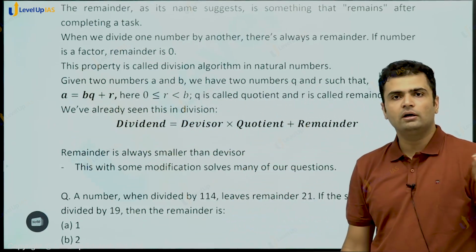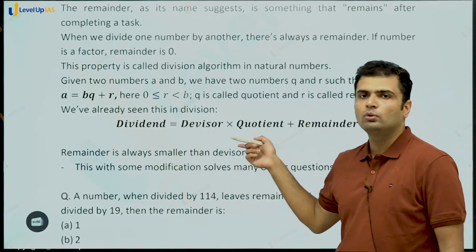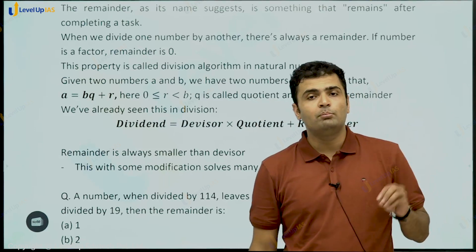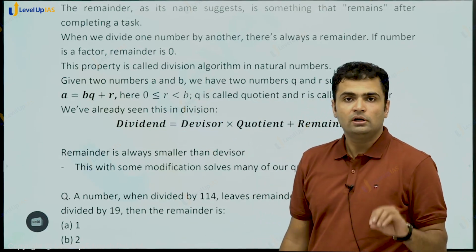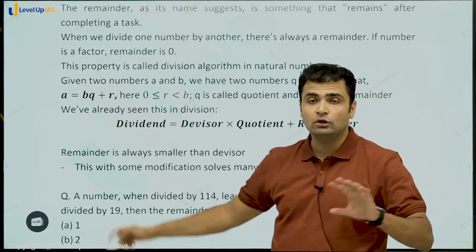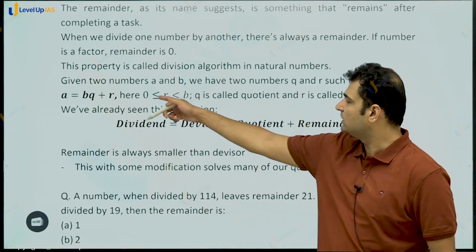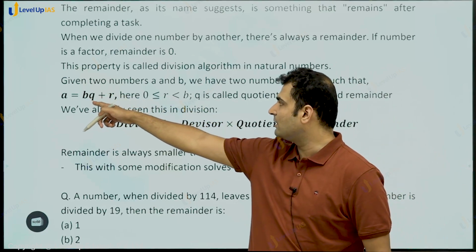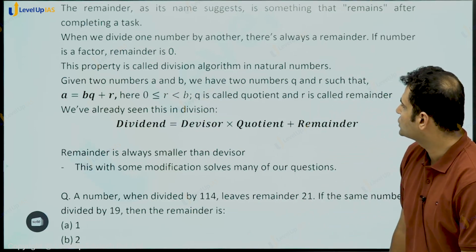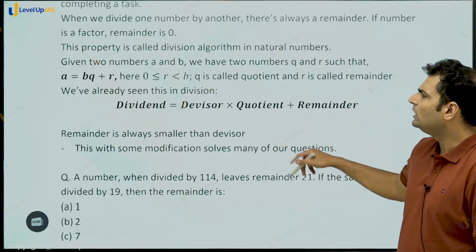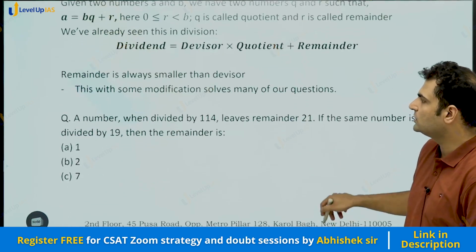The division algorithm that we read in childhood is this. And the important property is that the remainder has to be less than the divisor, not the quotient. That is important. Here this r is less than b. It can be 0 ≤ r < b. Here q is called quotient and r is called remainder. Only using this definition we can solve some very interesting questions like this.